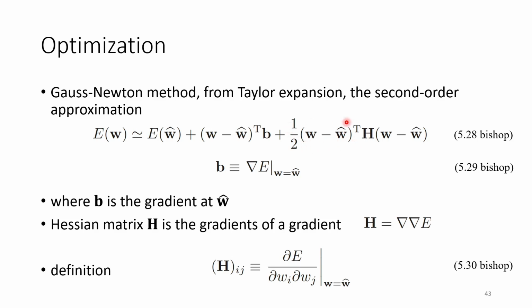And the second term is the Hessian function. And what is the Hessian function? The Hessian function is the gradient of a gradient. So you will see two gradient symbols before the error term. And the definition is the gradient with respect to a w and with respect to another w at the w hat point.